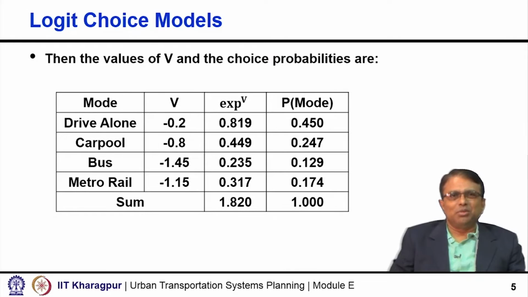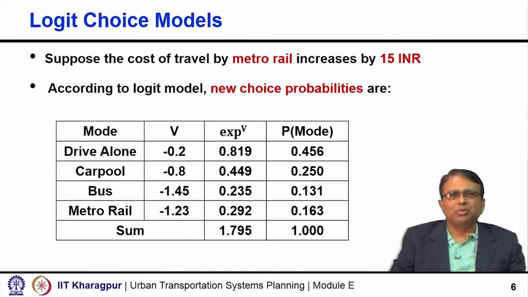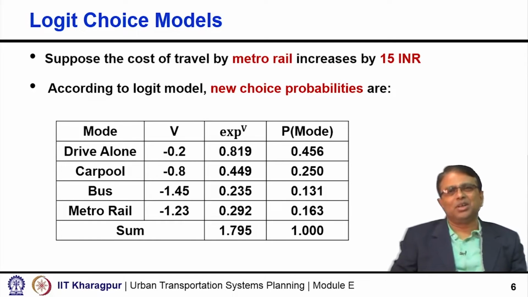So, you can say drive alone 0.2, carpool 0.8, of course with negative sign, and bus minus 1.45, they remain unchanged, because the utility of these modes will not get influenced by a change in the characteristics or attributes of any other mode. That is the normal property of the utility function, which was told right in the beginning of the mode choice model lectures or module.